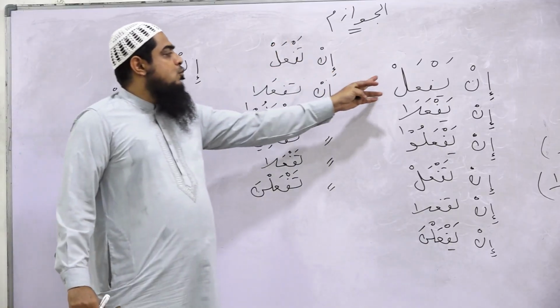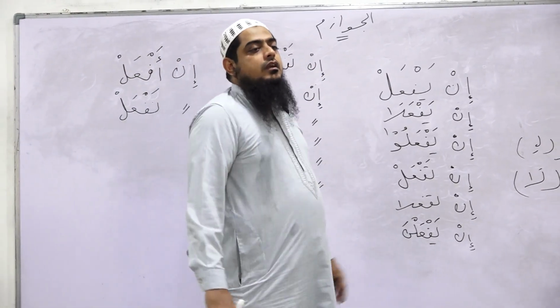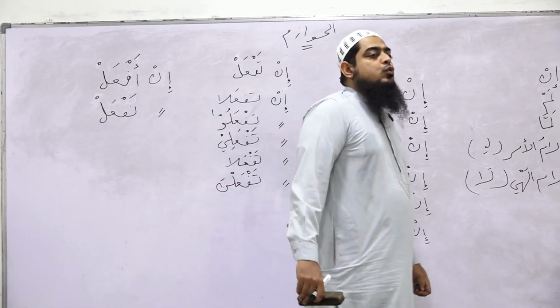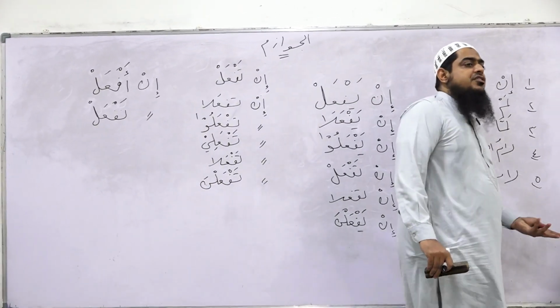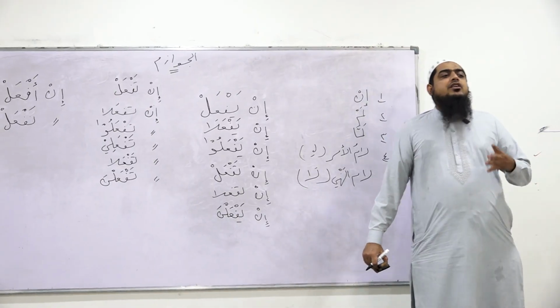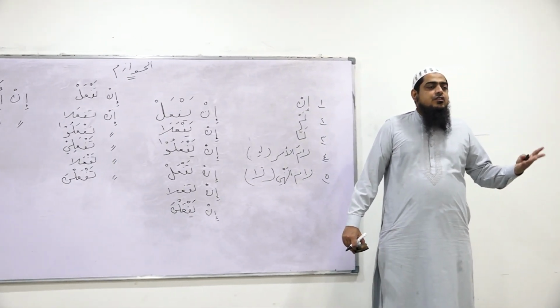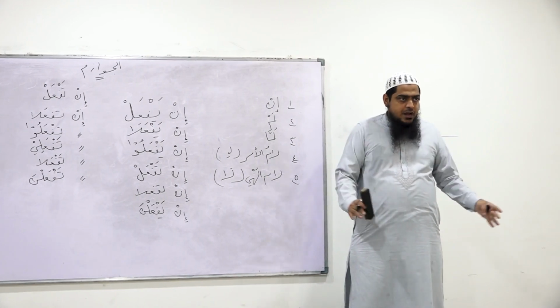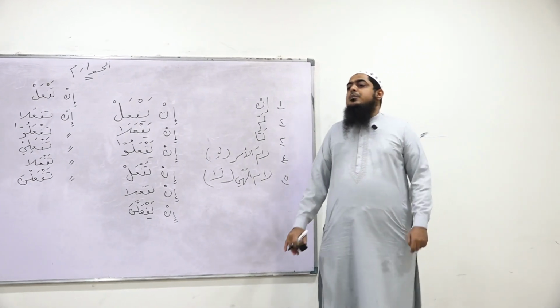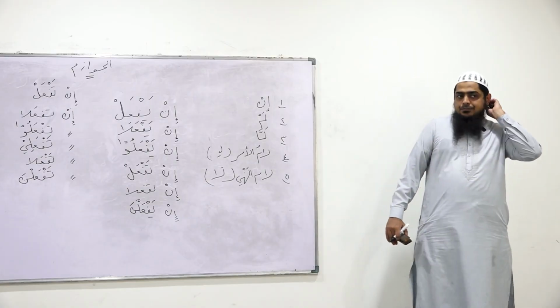Jazm gives sukoon at the end. Al-af'alul khamsa, again, will lose their noons. So whether it is nawasib or jawazim, al-af'alul khamsa will lose their noons. So they react differently. That is the reason why we made them a group and gave them the name al-af'alul khamsa. Note it down.